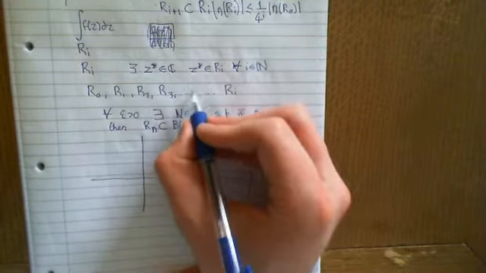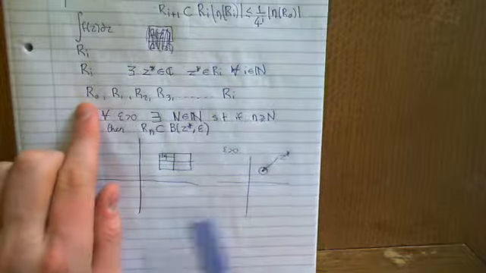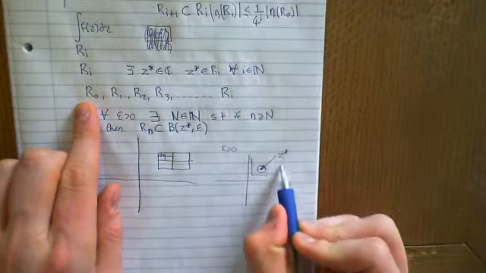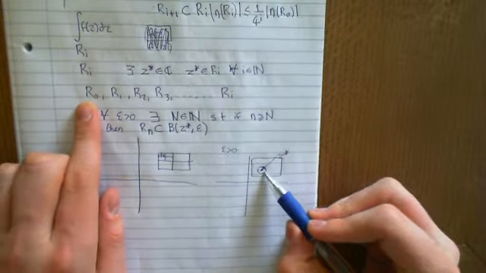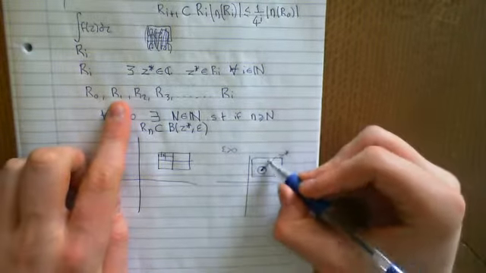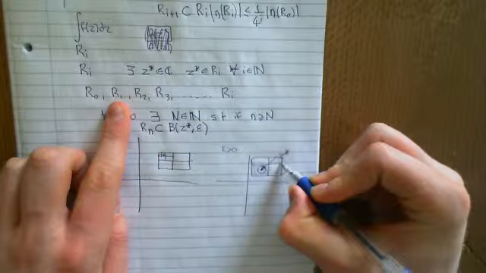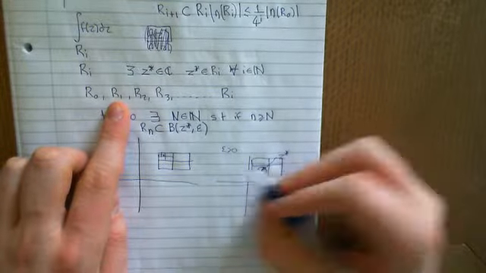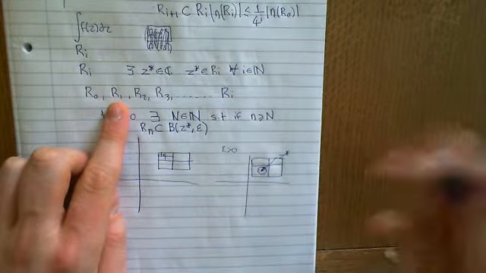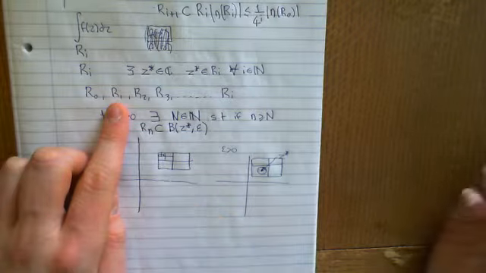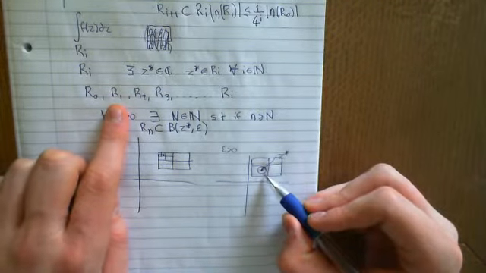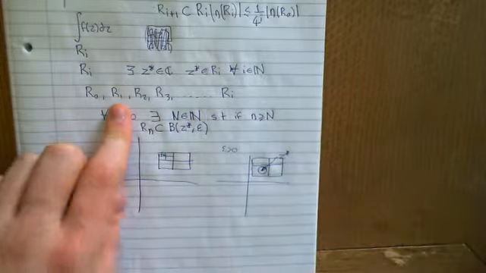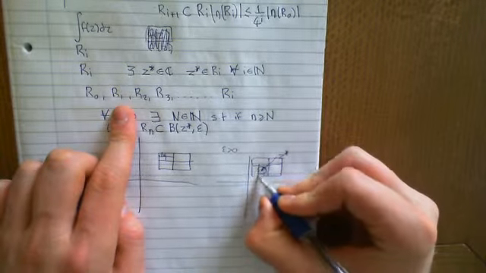So I can go along and start with this first rectangle, and I can ask, is this completely contained within that ball? And the answer is, of course, no. So I go along to the next rectangle, which we'll say is R1 here, and we can ask, is R1 contained within that ball? And the answer is still no.